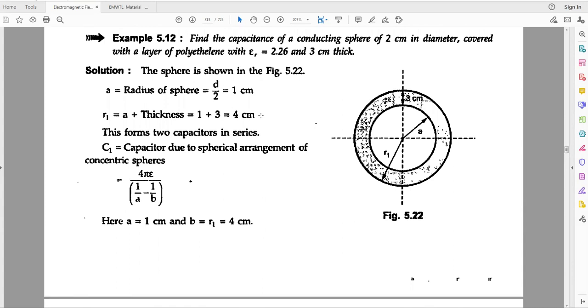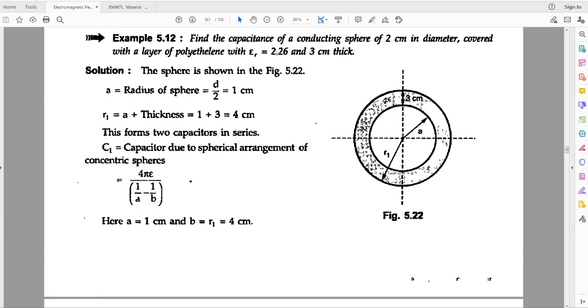This is another one in terms of capacitance. In the magnetic field there is inductance; in the electric field, you have to relate it to the capacitance. So find the capacitance of a conducting sphere of 2 centimeters in diameter and covered with a layer of polyethylene with epsilon r equal to 2.26 and 3 centimeters thick.